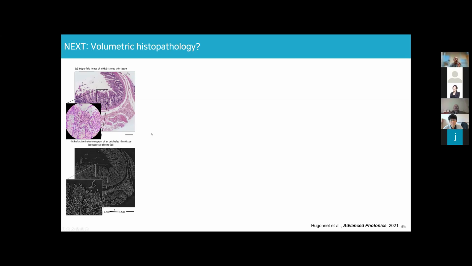That's why they just use very thin slides, 4 or 5 micrometers thick. And even if they have thick tissues, the conventional bright field microscope is not good for imaging three-dimensional tissue sections, organoids, or stem cell structures.